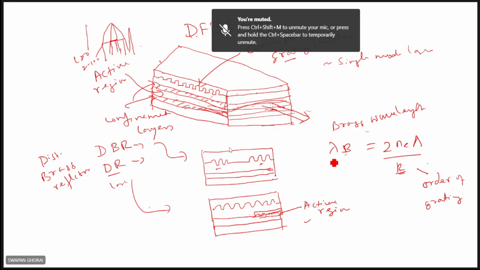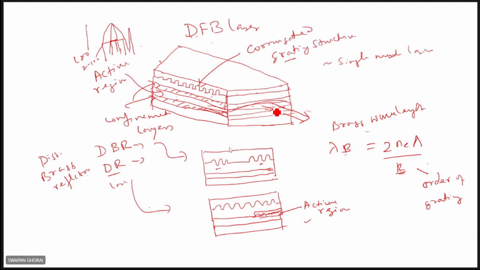These are the different distributed feedback type lasers: distributed feedback lasers, DBR meaning distributed Bragg reflector, and DR meaning distributed reflector lasers. Efficiency here means you can have high coherence. So these are the different structures.